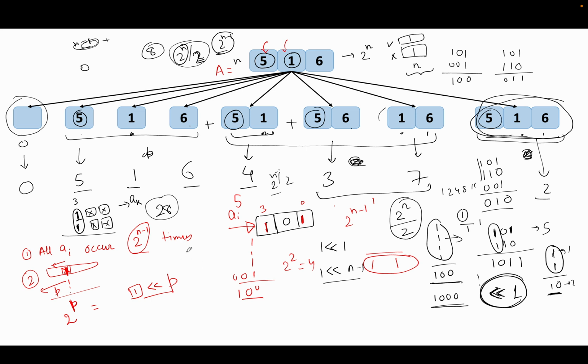So 5 is 1 0 1, 1 is 0 0 1, 6 is 1 1 0. There is some 1 here, so 1. We don't need to count, just if there is any 1, then it's 1 1 1. So we know that in the input there was some 1 in at least one of the numbers. Similarly, the second bit is also set in some of the numbers, third bit also.